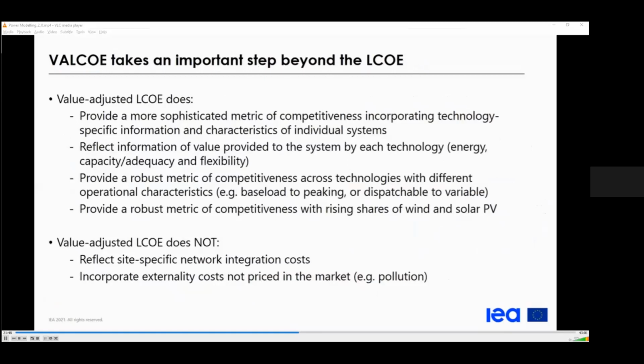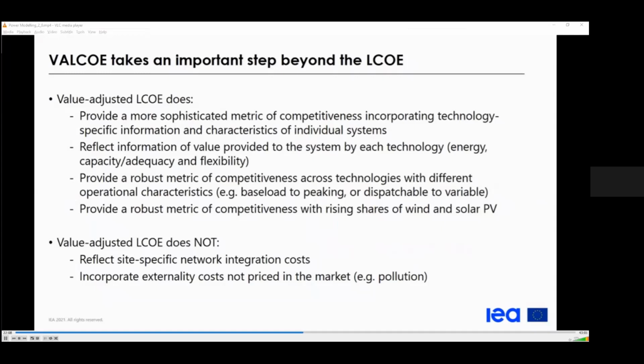So now to summarize the VALCOE concept, it does provide a more sophisticated metric of competitiveness. It includes these elements of value that the LCOE was missing, and it makes it robust across a wider set of technology.